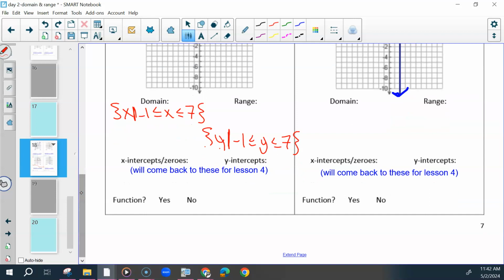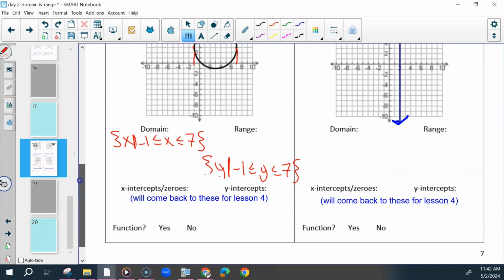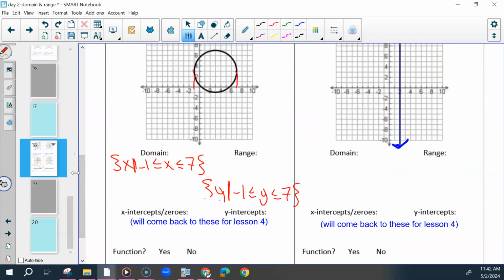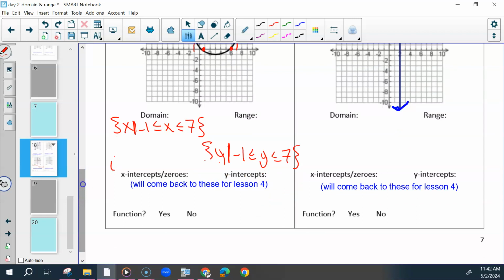Almost, we're almost there. X-intercepts. Mine are in between, but you can put them wherever yours fall.